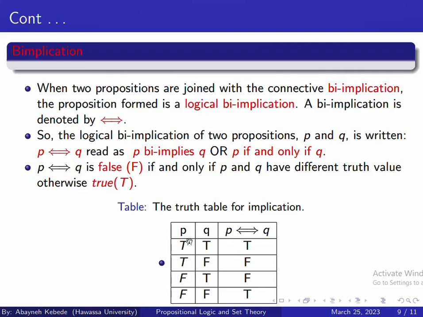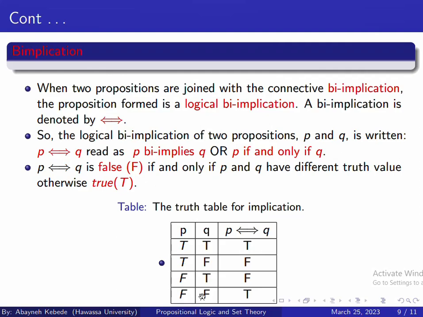Using a truth table for two propositions P and Q, P has possible truth values true and false, and Q has possible truth values true and false. So P if and only if Q has truth value: true if and only if true is true, true if and only if false is false, false if and only if true is false, because those statements have different truth values.